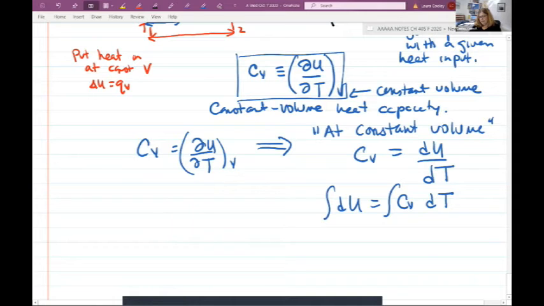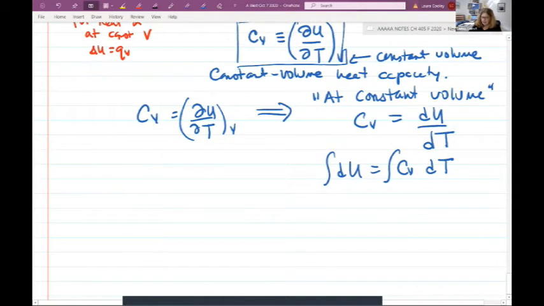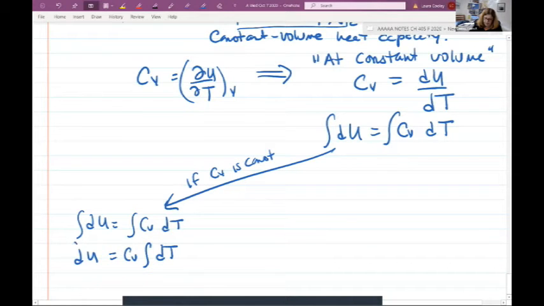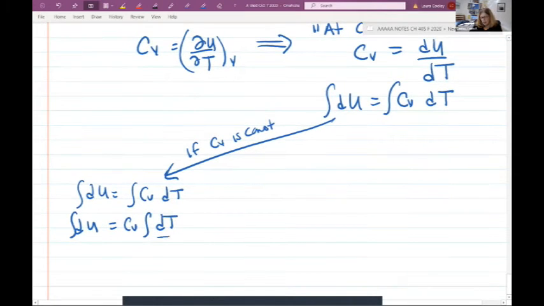And I have two different situations here. One situation is if CV is constant, if the heat capacity is constant, then I could take it out of the integral. By the way, is temperature an exact differential?